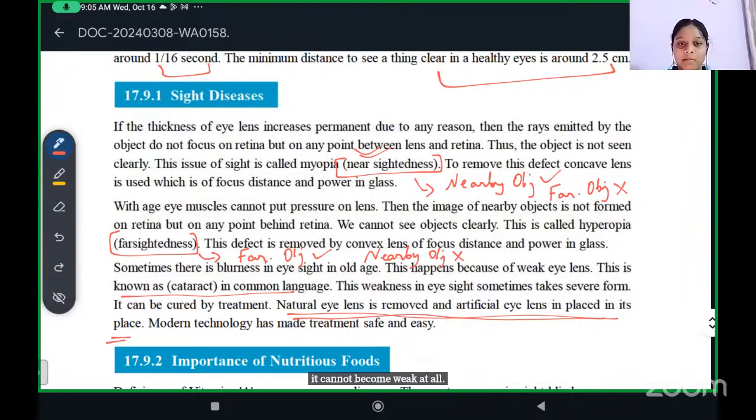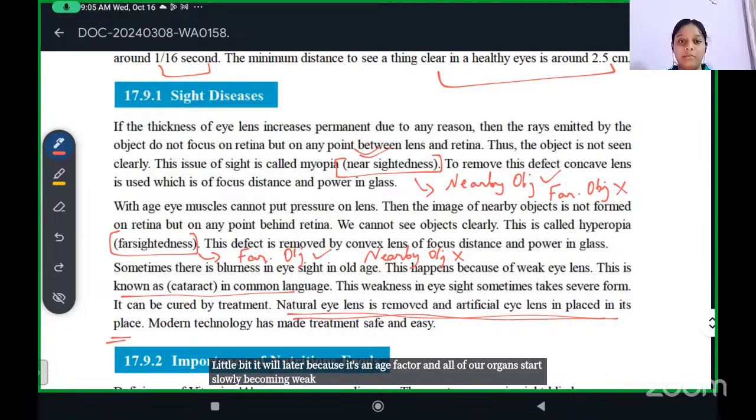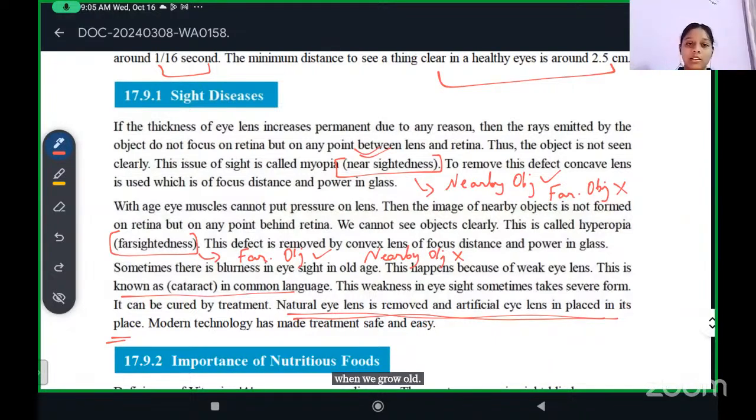A little bit it will, Abraham, because it's an age factor, and all of our organs start slowly becoming weak when we grow old. Our hair will turn white. Our muscles will become a little weak. You won't be able to run fast in old age, right?